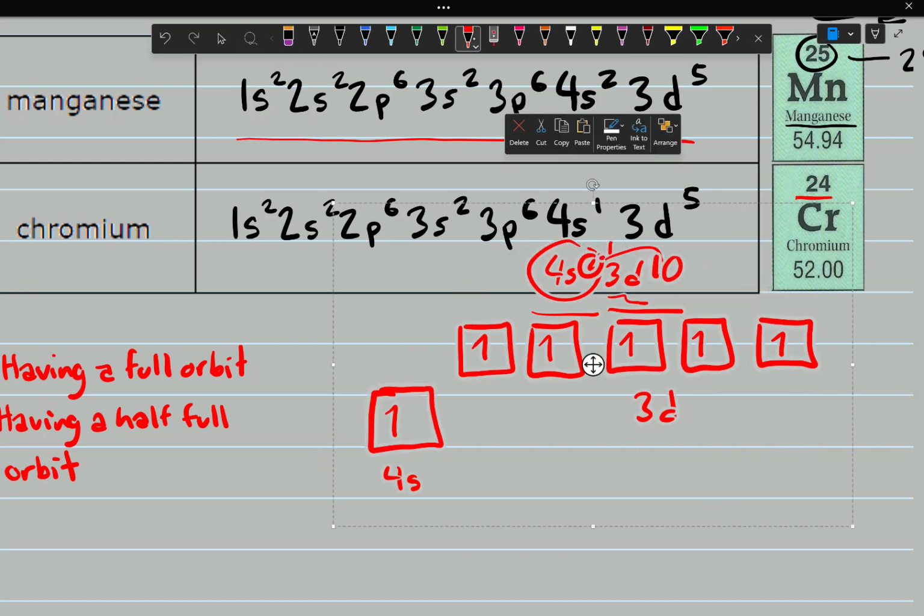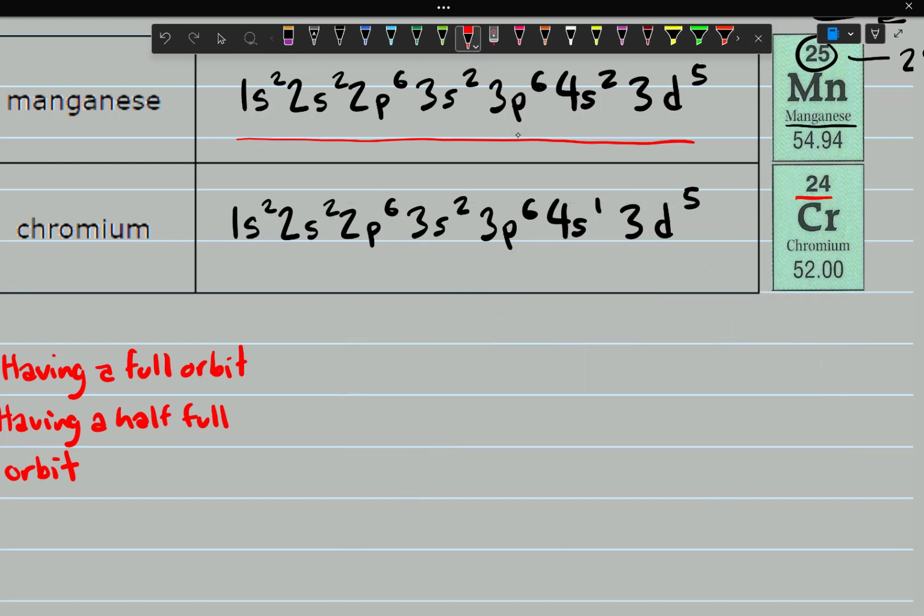But if it were something like 4s2 3d6, for instance, well, if we send an electron over here and make this 4s1 3d7, well, this would never happen because now we have a half-full orbital and an incomplete orbital.